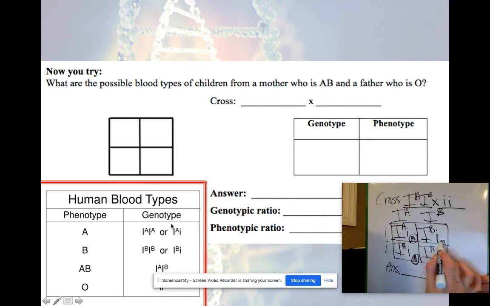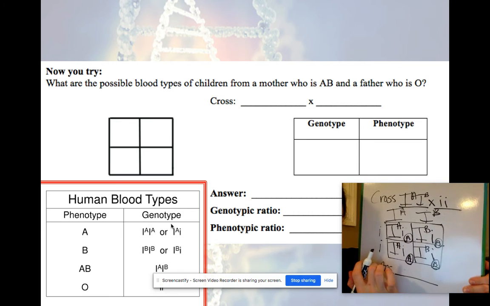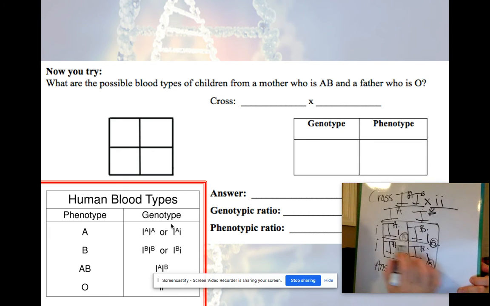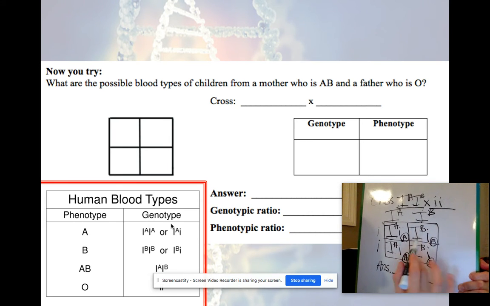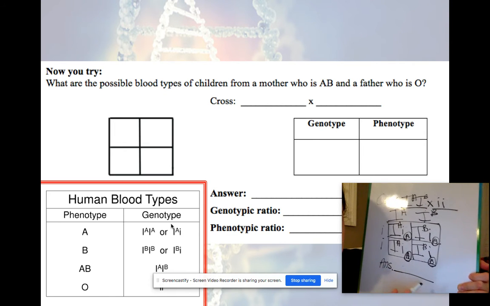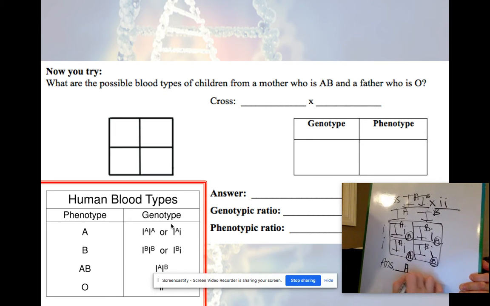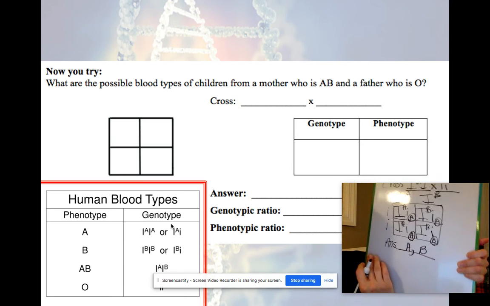And this person is blood type B, and this person is blood type B. Because A overpowers O, and B overpowers O. But when present together, they both show. So both type A blood and type B blood are possible.